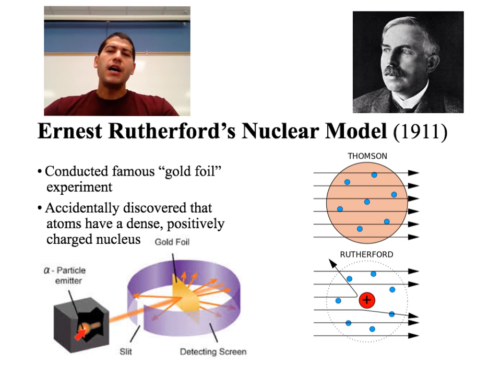Anyway, he shot alpha particles through an ultra-thin sheet of gold foil, surrounded by a screen that could detect where the alpha particles went. Now, Rutherford accepted J.J.